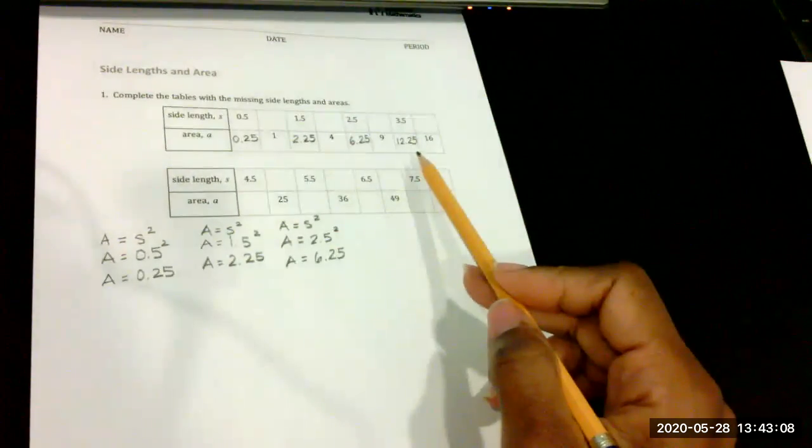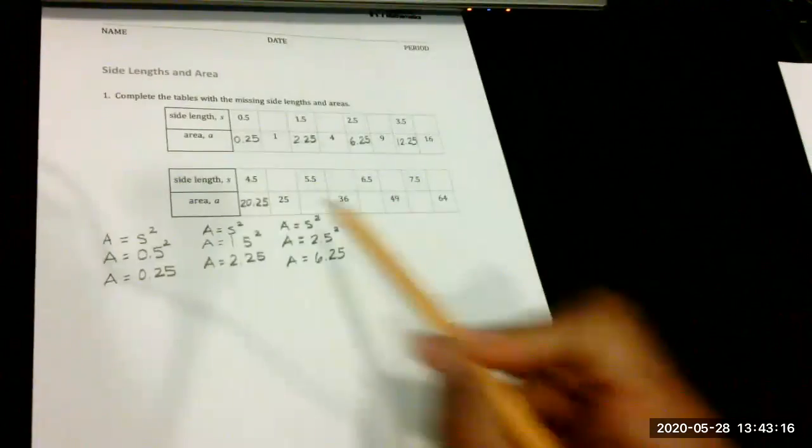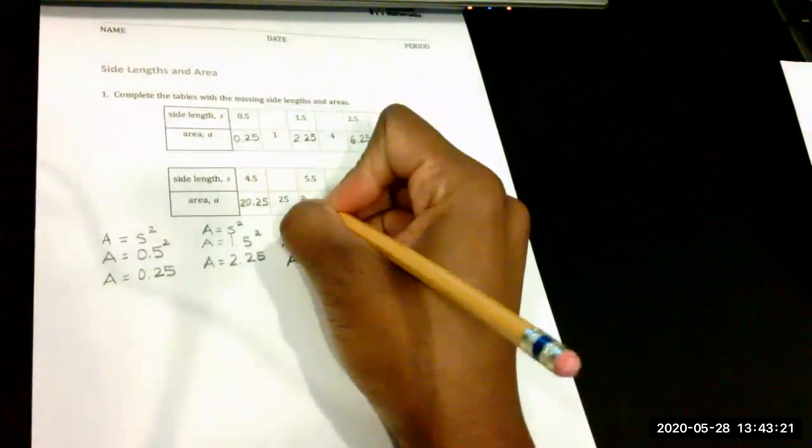So for this one, I did 3.5 times 3.5. That's how I got 12.25. For 4.5, when I did that on the calculator, I got 20.25. When I had 5.5 and I squared it, I got 30.25.